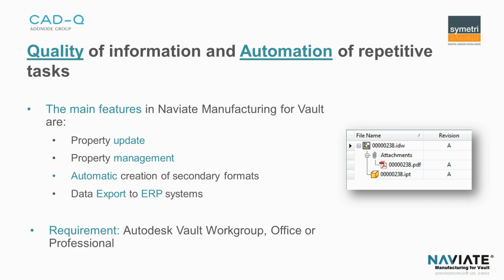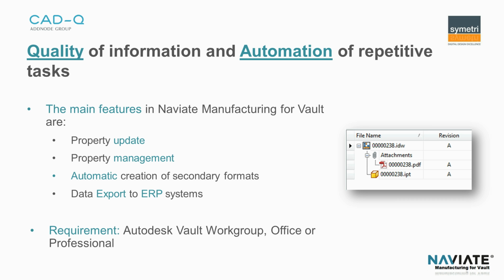We looked at being able to update properties automatically on state change, and we looked at being able to create secondary file formats for our documents as well. Secondary file formats could be saved within Vault and linked to the document they were created from, or saved externally to Vault where we could control the file name should we need to as well.